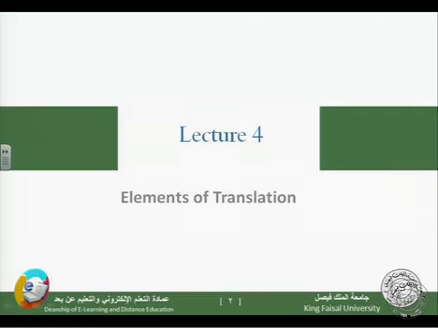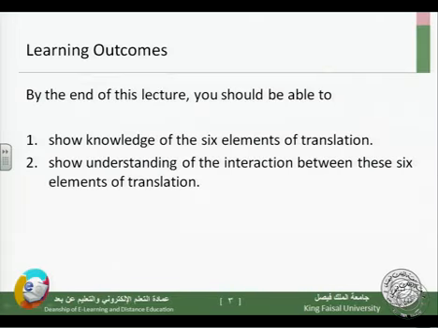Now, by the end of this lecture, you should have knowledge of the 6 elements of translation, and you should show some understanding of the interaction between these 6 elements of translation. So, by the end of this lecture, you should ask yourself, do I know the 6 elements of translation?